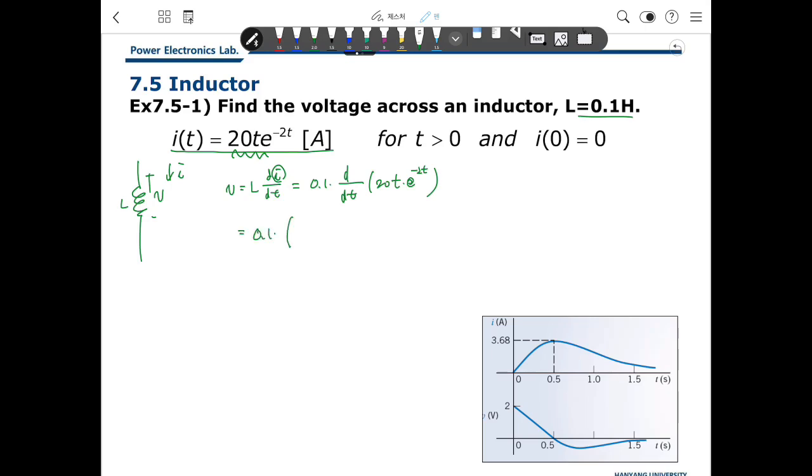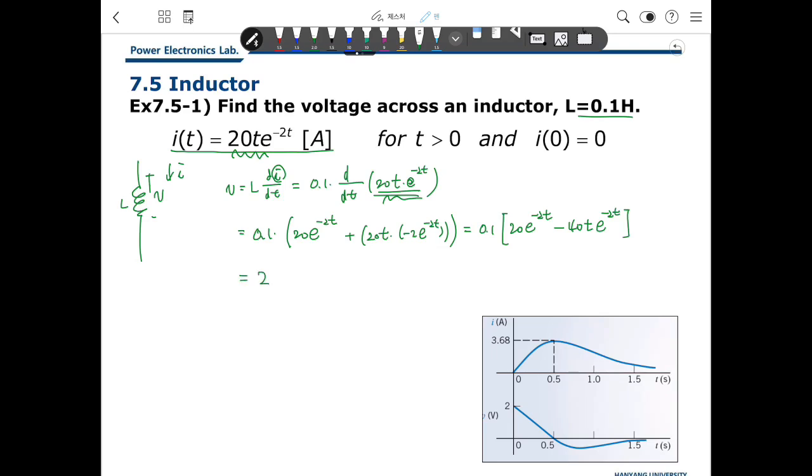You can do that: 0.1 times the derivative, 20e^(-t) plus 20t and minus, so there will be 0.1 times (20e^(-t) minus 20t e^(-t)).